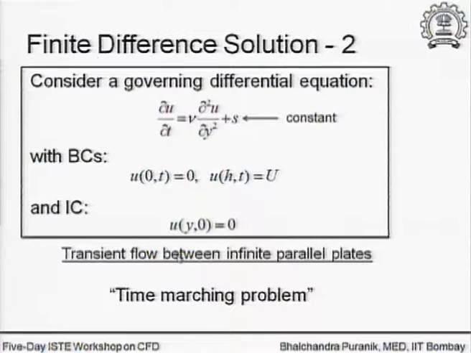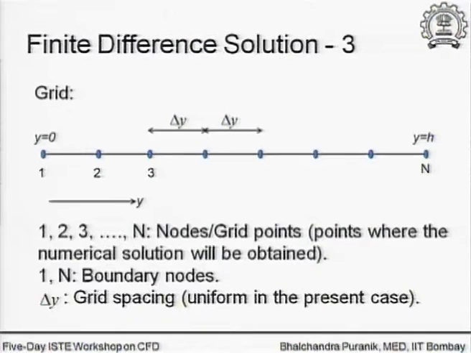So this is what we will call a time evolution problem or a time marching problem, in the sense that starting from the initial condition we want to find out how the solution evolves as a function of time.